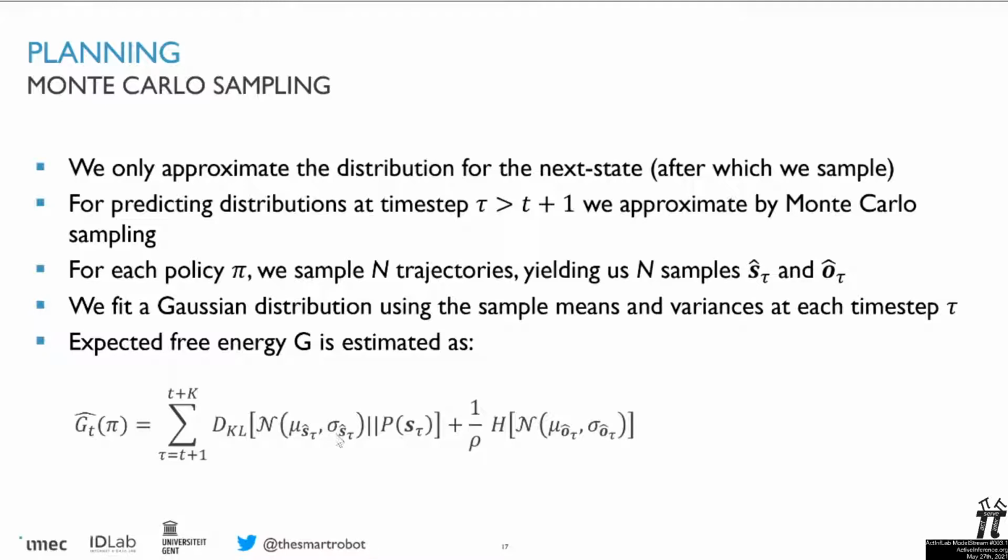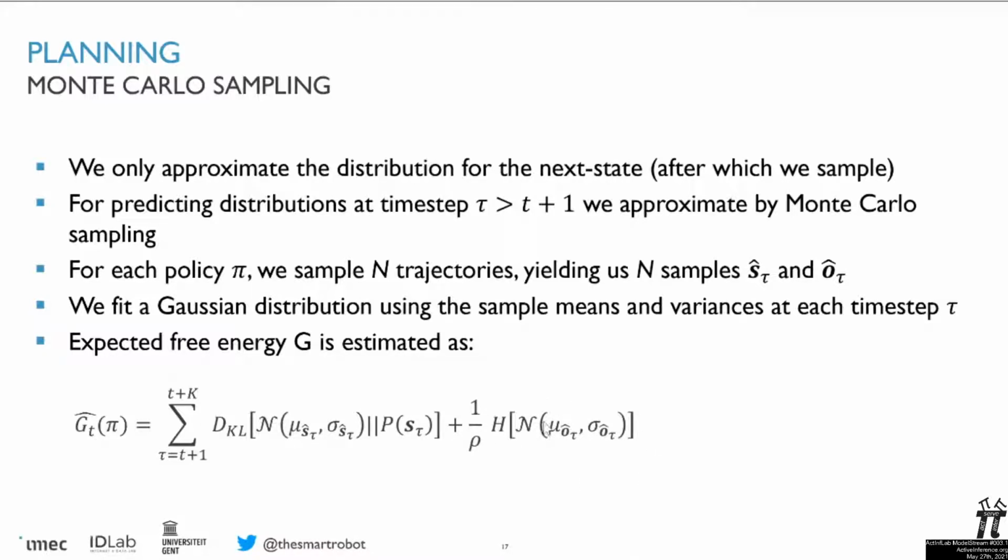So on the one hand, we have this KL divergence, if you remember, that scores how good your distribution of states is according to some prior preferences of states. So you use this Gaussian distribution to calculate the KL divergence with respect to these priors. And on the other hand, you have this entropy term that scores the ambiguity of these states.